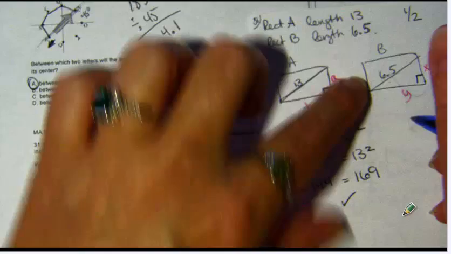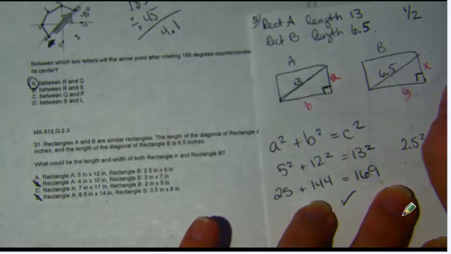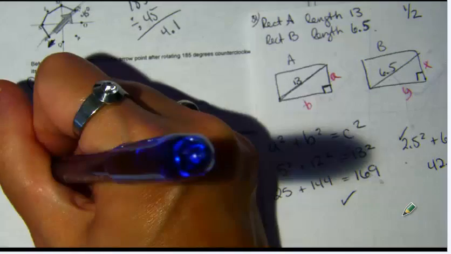So that one will work. And then I want to try the same thing for B and do 2.5 squared plus 6 squared. Does that equal 6.5 squared? And yes, they do. I get 6.25 and 36, which is 42.25. So it's A.